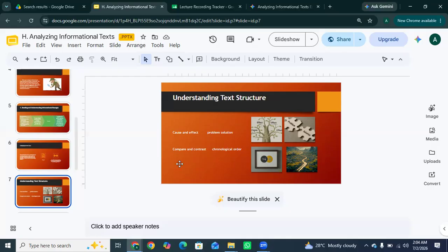The next one is compare and contrast, which shows you how two things are the same or different, like a Venn diagram. The next one is problem and solution, explaining a trouble and how to fix it, like puzzle pieces fitting together. And the next one is chronological order, telling a story or process in the order of time, like a path from start to finish.